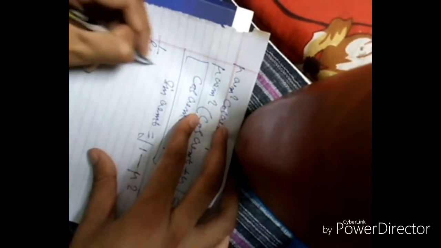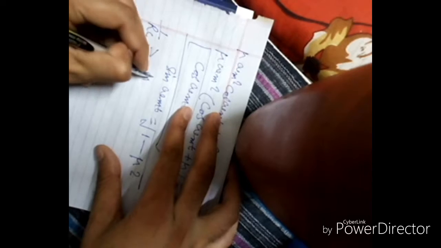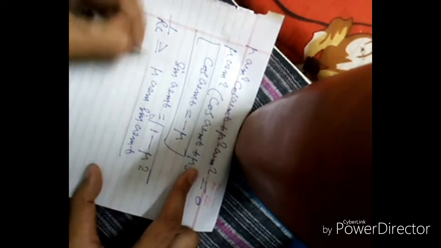So 1 by RC should be greater than, as we know, μ ω_m sin ω_m t divided by 1 plus μ cos ω_m t.